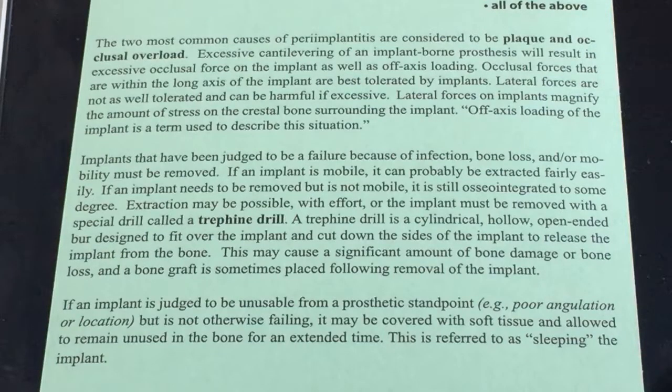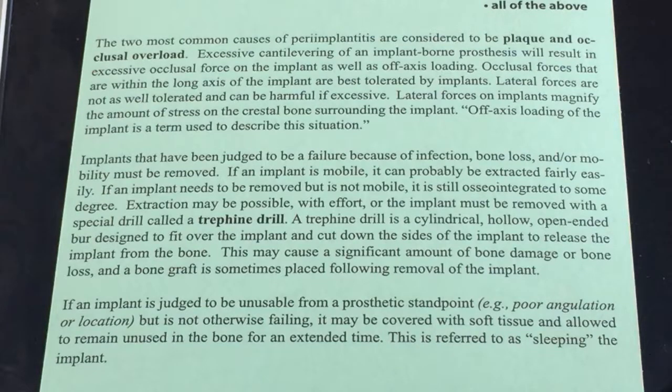Excessive cantilevering of an implant-borne prosthesis will result in excessive occlusal force on the implant as well as off-axis loading. Occlusal forces that are within the long axis of the implant are best tolerated by implants.